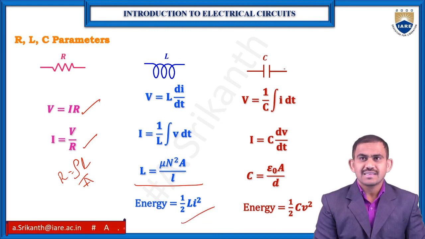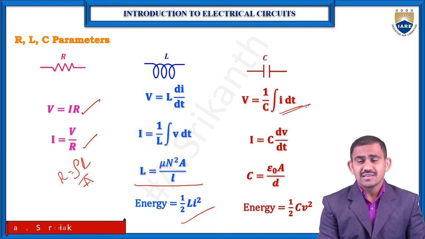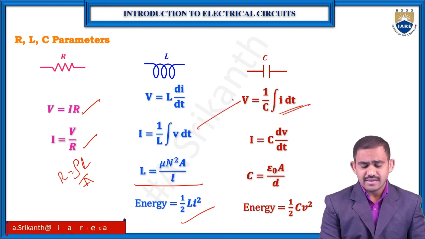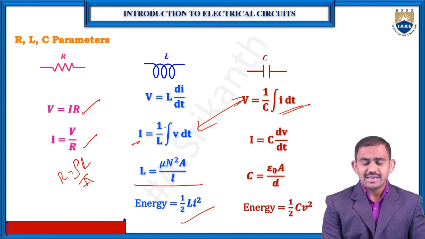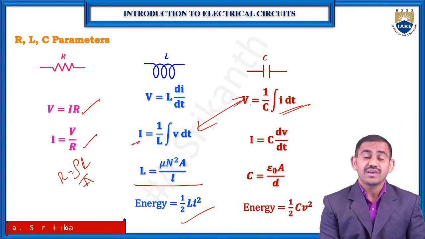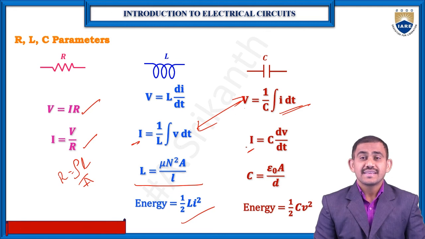Same for the capacitor, V equal to 1 by C integral I dt. So it is the reverse of the inductor. Here I equal to 1 by L integral V dt, but here V equal to 1 by C integral I dt, and I is C dV by dt.